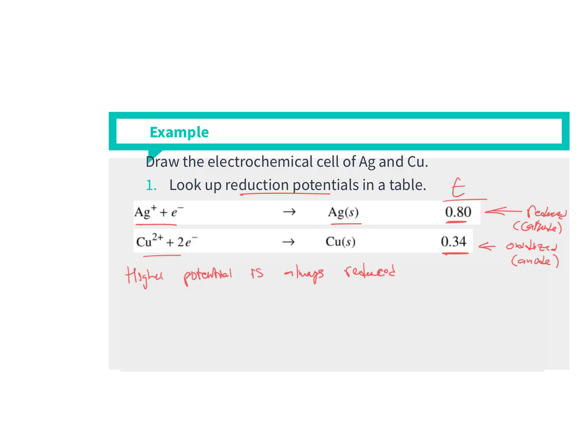So here, Ag is reduced, Cu is oxidized. If we want to find the electric potential of the cell, again, that is E of the cathode minus E of the anode, which is 0.80 volts minus 0.34 volts, which is 0.46 volts for the entire cell.